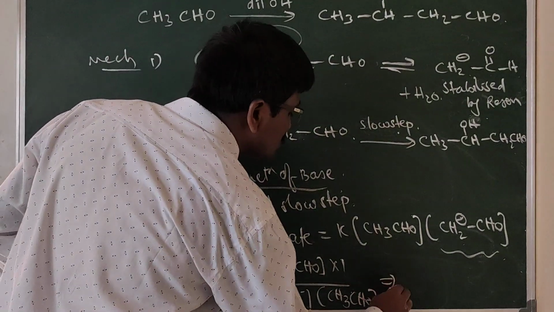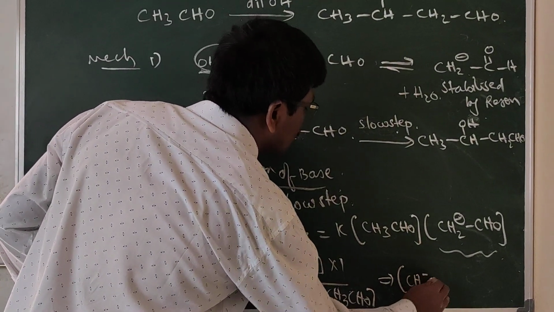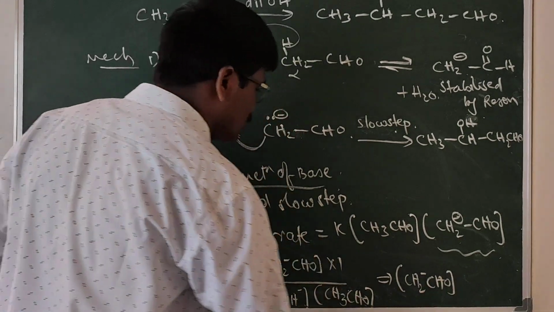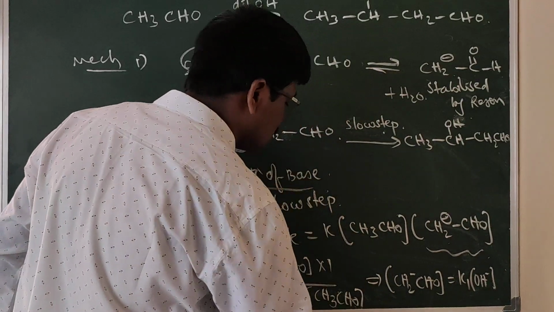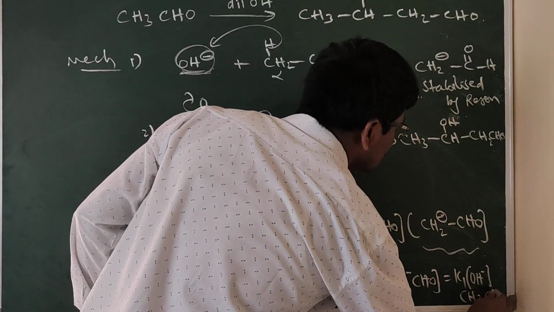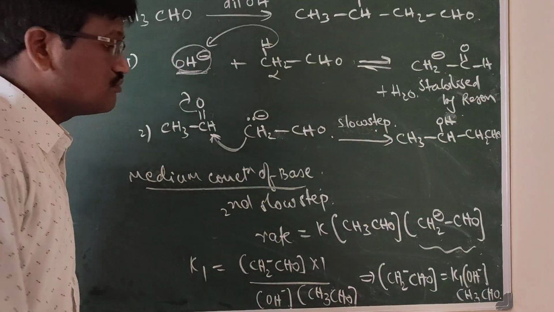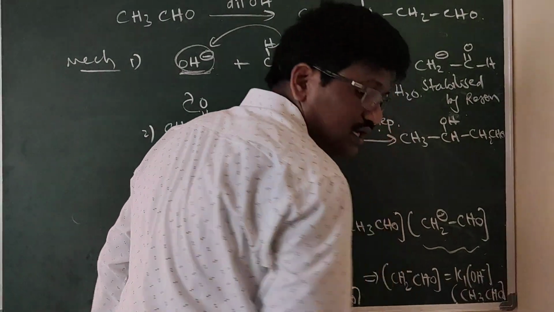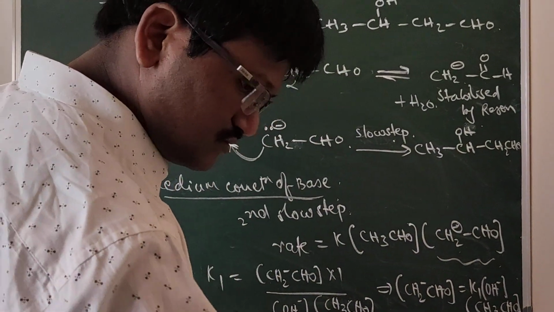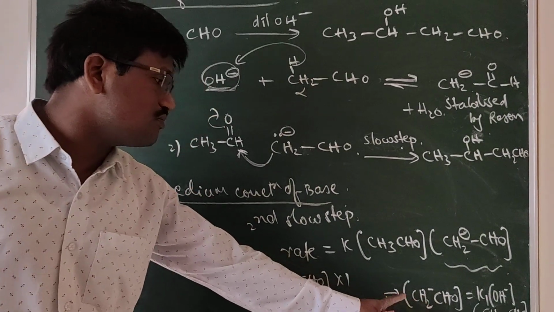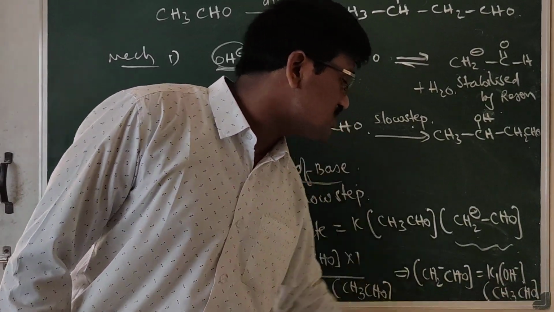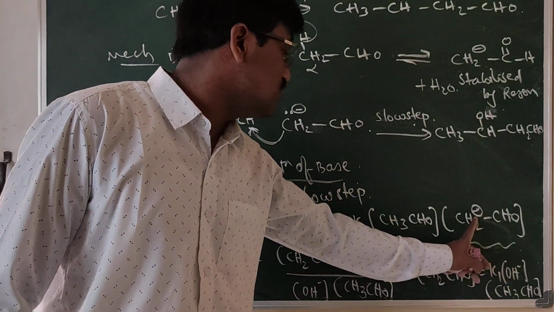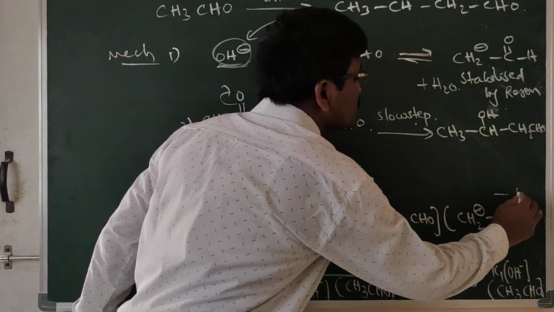So the concentration of carbanion is equal to K1 into base concentration into acetaldehyde concentration. Now the concentration of carbanion, or enolate ion, is K1 into base concentration into acetaldehyde concentration. Substitute this value in equation 1.